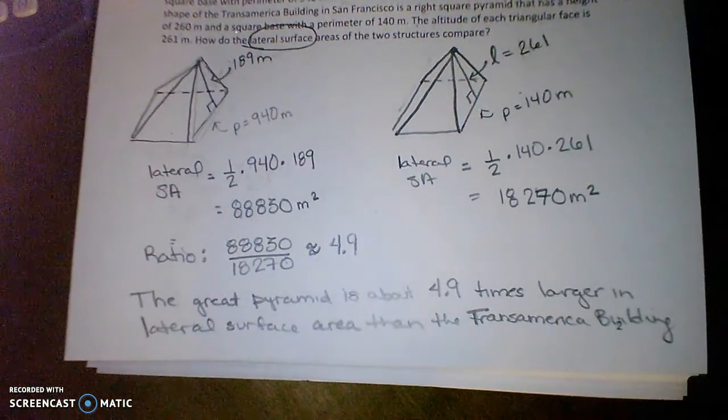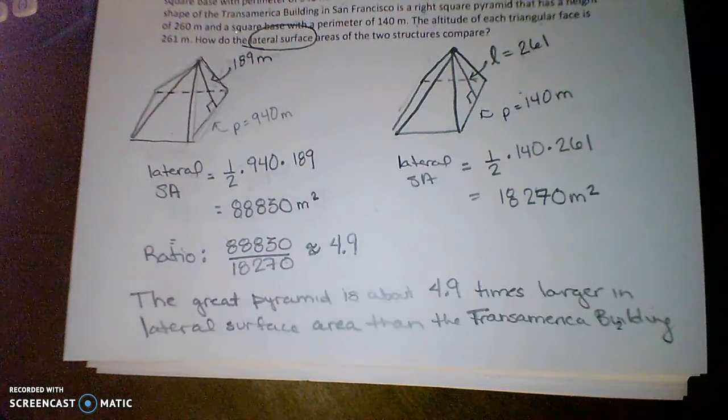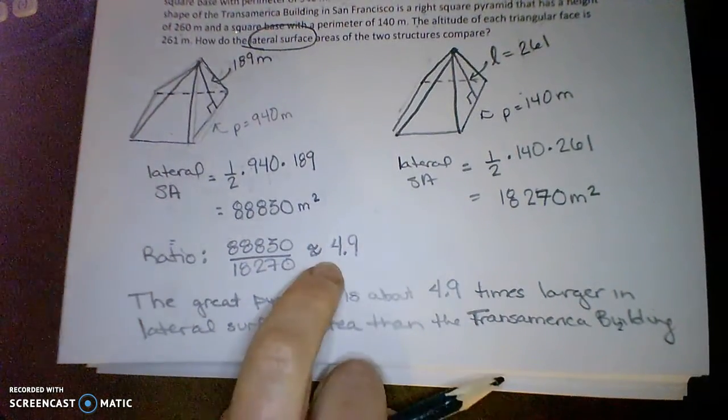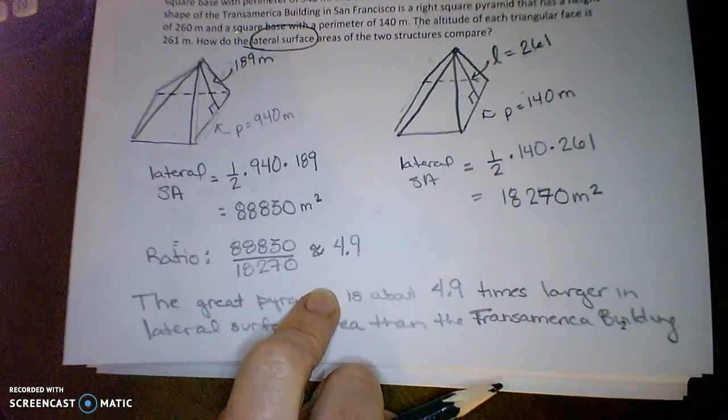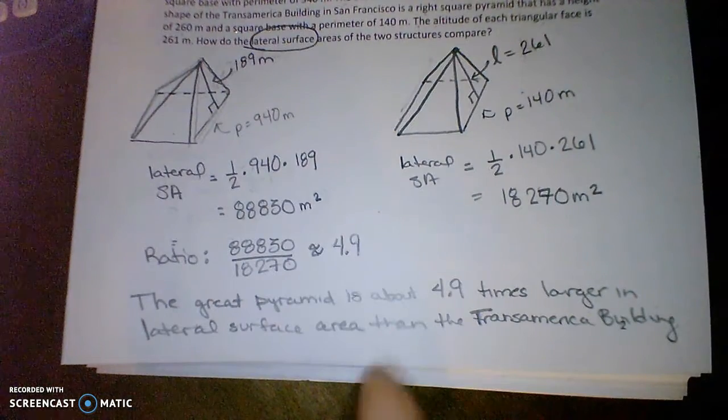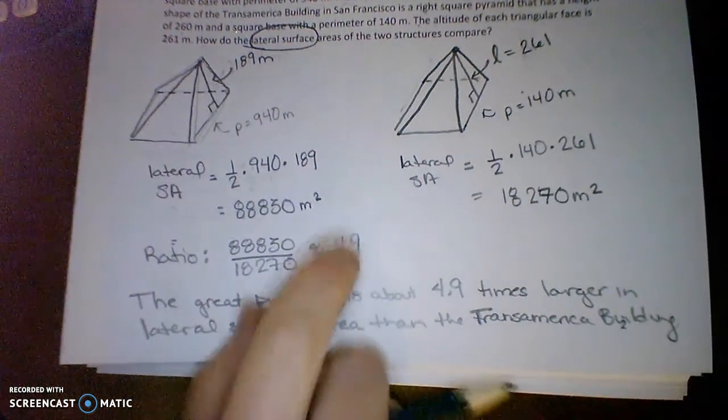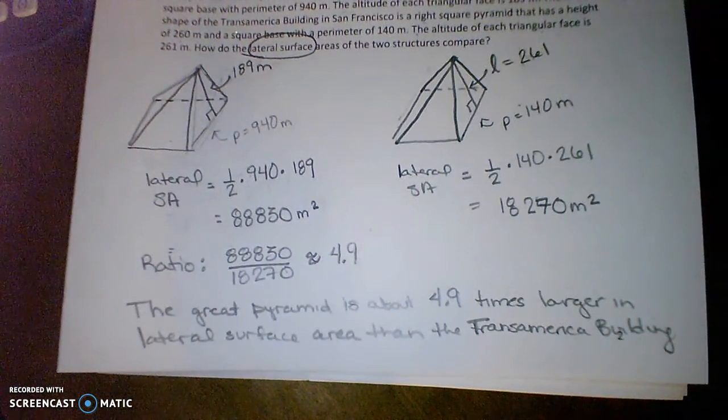So again, I like this problem because not only did we have to do some calculations, we had to do some comparing, and then it's good to say, how do we compare these two areas? One way to do that comparison is to look at the ratio between the sizes.